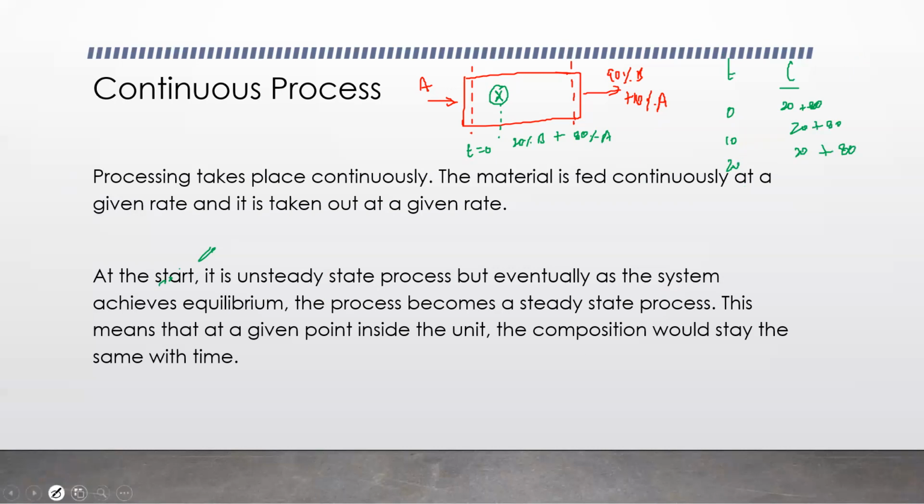If we also try to explain it graphically, let me tell you, for an unsteady state process, we plot composition versus time at a given point within the unit, which I'm calling the point of reference.